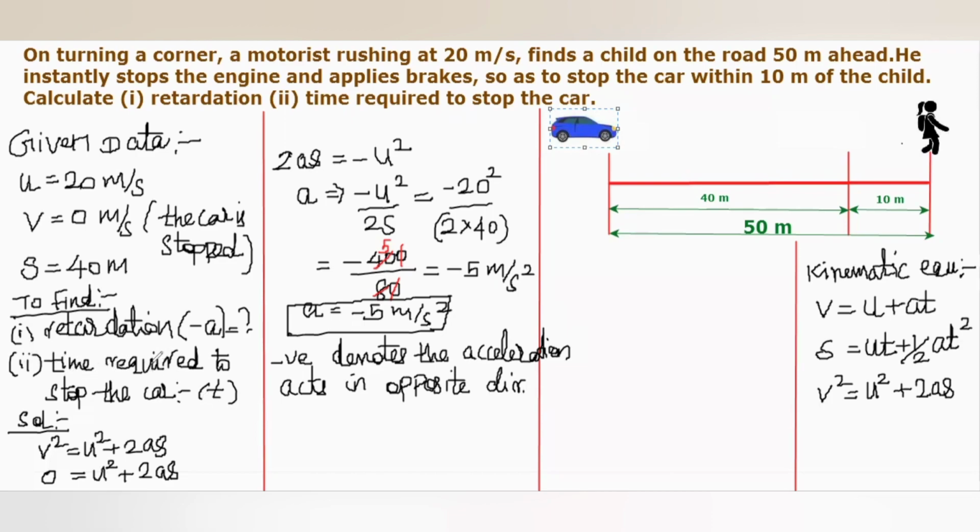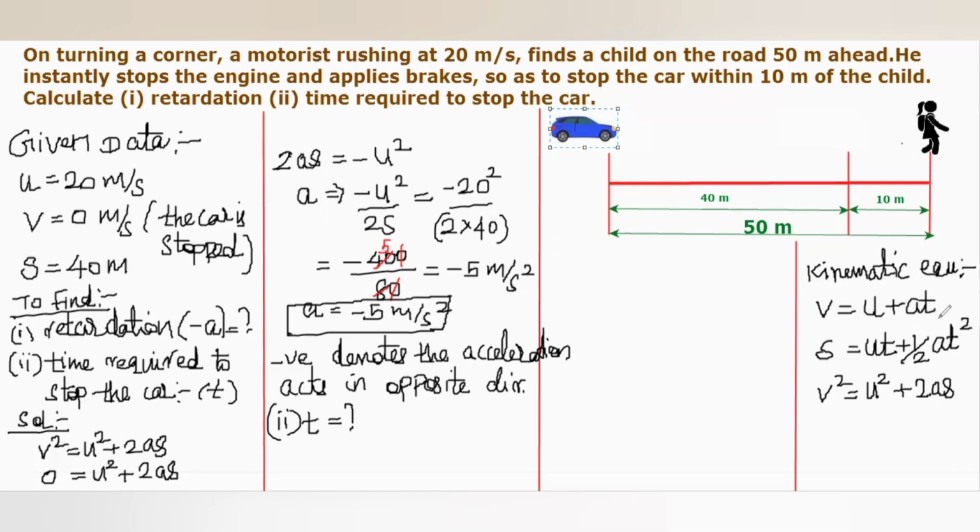Then we have to find the second one, time required to stop the car. What is the time required? Here, guys, among these three equations, we know the final velocity, initial velocity, and the acceleration, that also we found here.